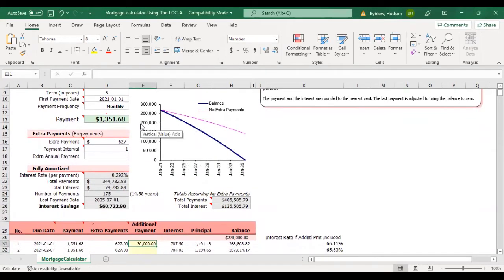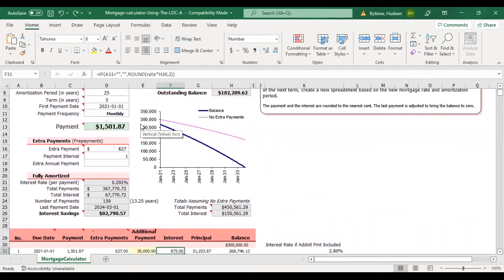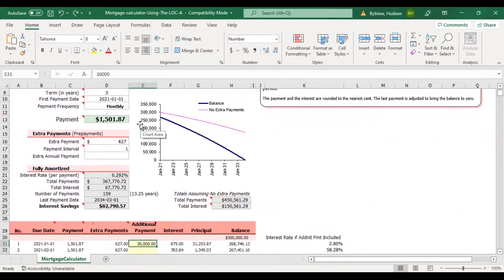So what I'm going to do is just go back to the original here, and we'll look at the figures that we want to look at. If we have a $300,000 mortgage and everything is the same, and we have our extra payment of $627, and we have a $30,000 prepayment, let's say on day one, which is up to 10%, so there's no additional penalty given by the bank.